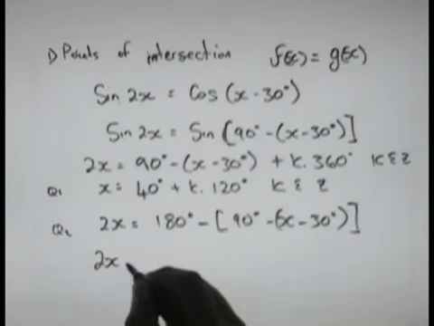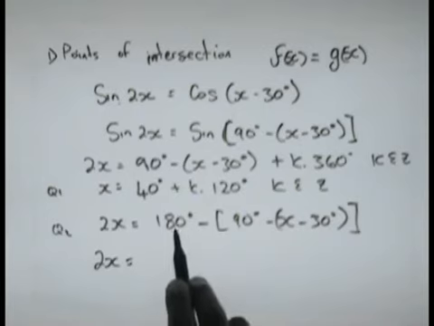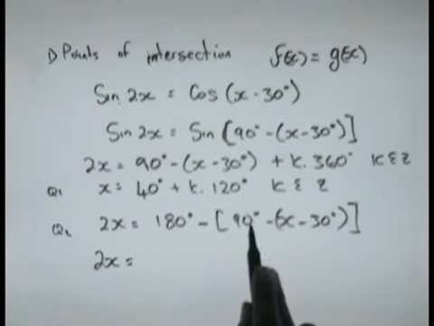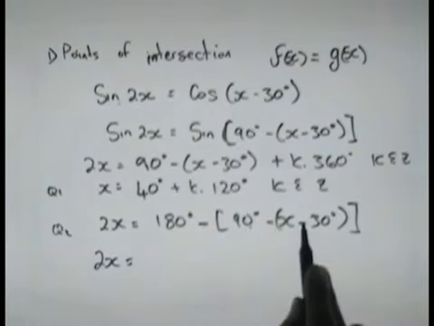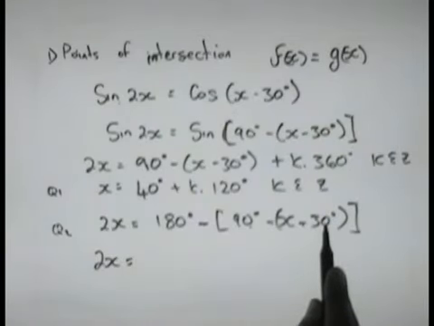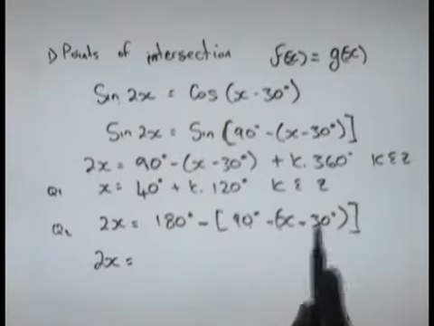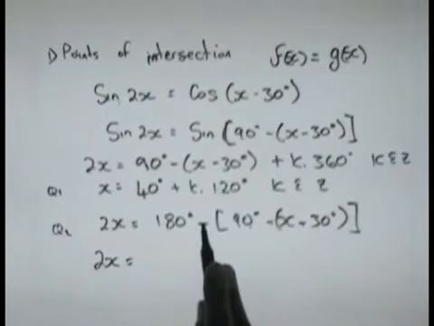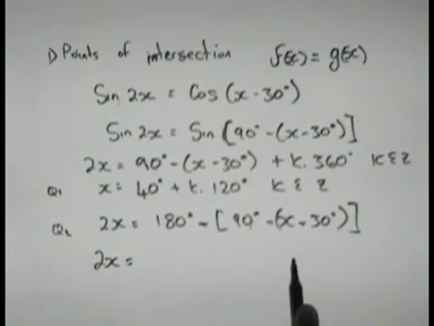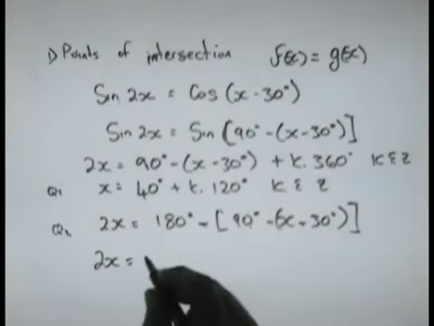This will mean that 2x is equal to 180 minus 90. Minus times a minus is going to give us positive 30 degrees. 180 minus, so that's minus times the positive 30 degrees, is going to give us negative 30 degrees.